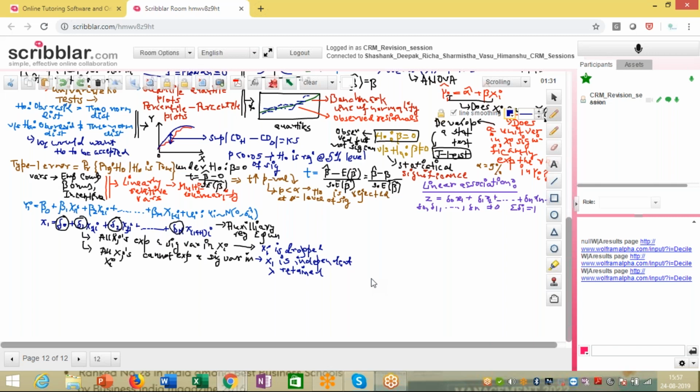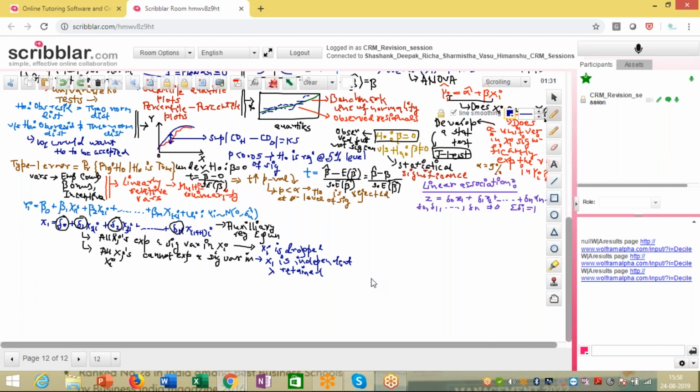Now, before I talk about the variance inflation factor, we need to understand the key overall measures which help us assess the goodness of fit. Because to assess VIF, we would require an understanding of some of the key overall measures of the goodness of fit of a regression model.